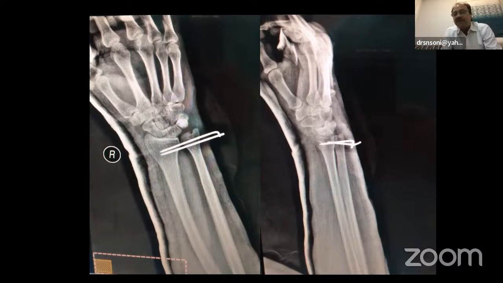That is mandatory. Sometimes it works. Yes, sir, very nice point. Immobilizing in supination is mandatory there. That's the only way to reduce the dorsal dislocation.